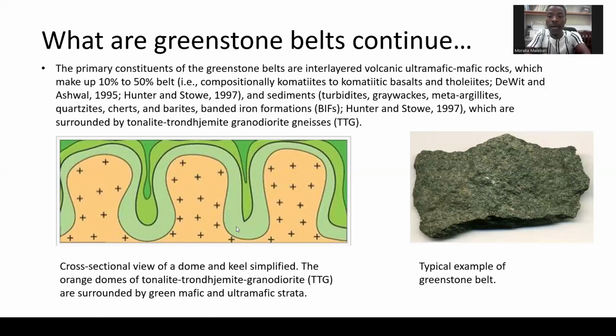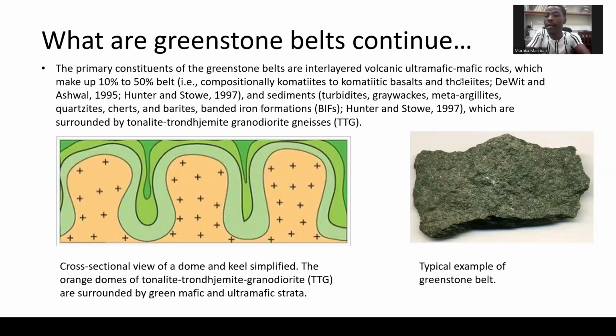That is to say, these TTGs are surrounded by the mafic to ultramafic sequences known as the greenstone belts, which is why we are saying the greenstone belts occur right between the TTGs.